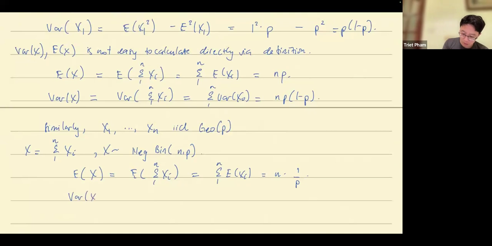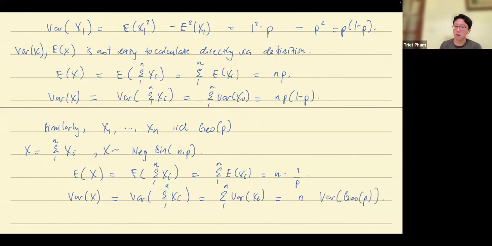The variance works in a similar way. And here I stop because I do not remember what the variance of a geometric P is. But if you do know it, then whatever this number is, you multiply it by n, and you will get the variance of a negative binomial. That's how it works.